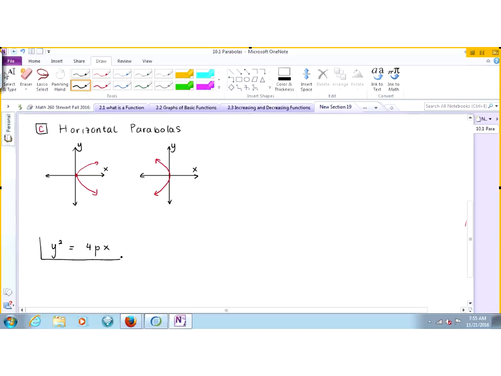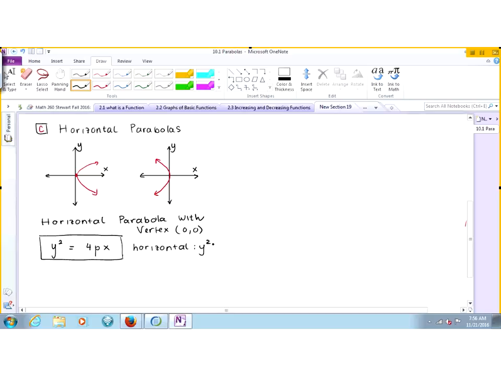This is the equation for a horizontal parabola with vertex (0, 0). Y squared is 4px. And remember, this is horizontal.